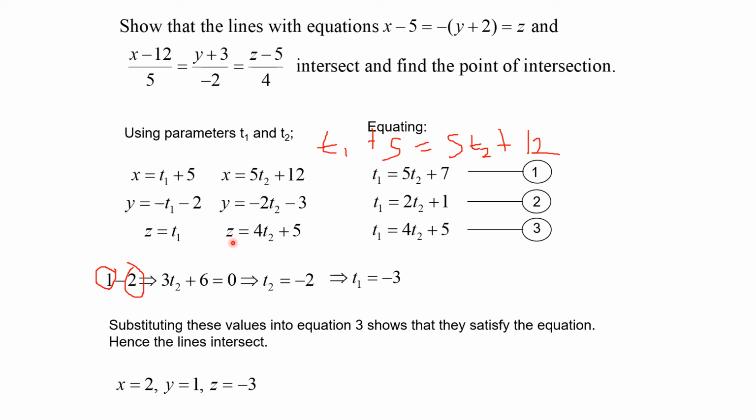This is proof that these two lines actually intersect, and they produce a point of intersection, which is simply (2, 1, negative 3). So recap: when you are required to answer a point of intersection, your final answer must be in terms of coordinates, in terms of x, y, and z.